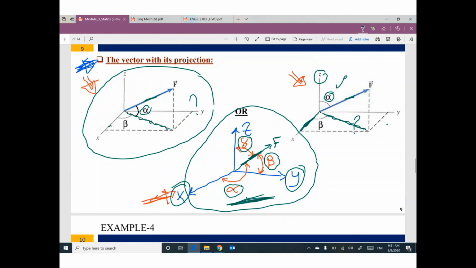The first angle between the force and the x-axis, the second angle between the force and the y-axis, the third angle between the force and z-axis. But if you have angles different, we need to think about this, and I will cover all this stuff this Friday.